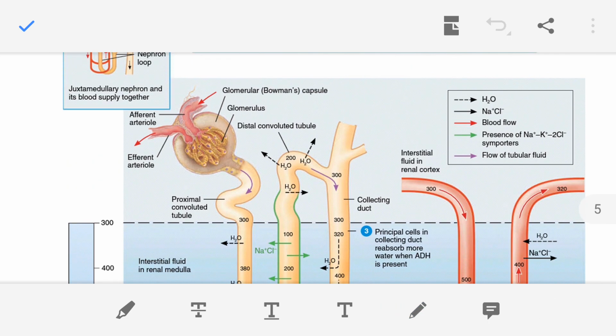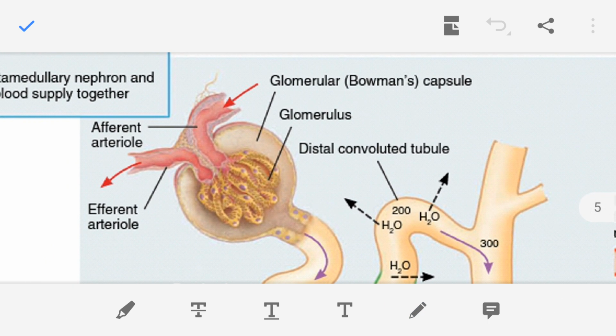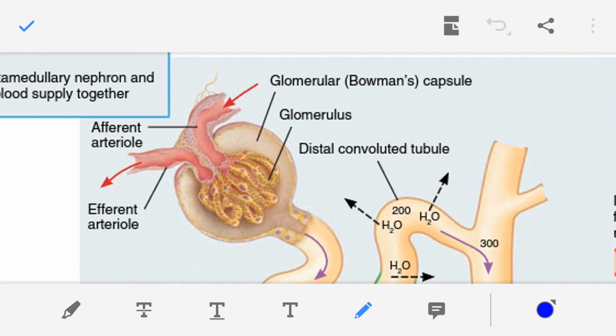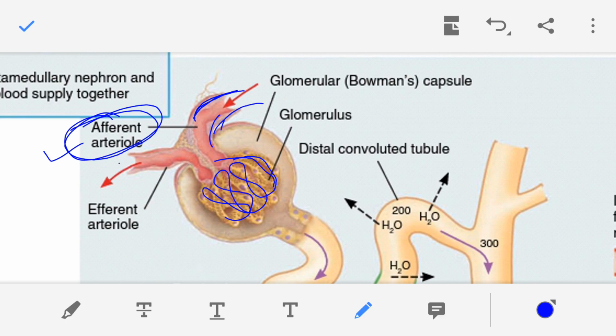Now in the nephron, the branch of the artery known as the afferent arteriole is entering, and you see the diameter of the afferent arteriole. From this afferent arteriole, many small capillaries originate, and this network of capillaries is known as the glomerulus.